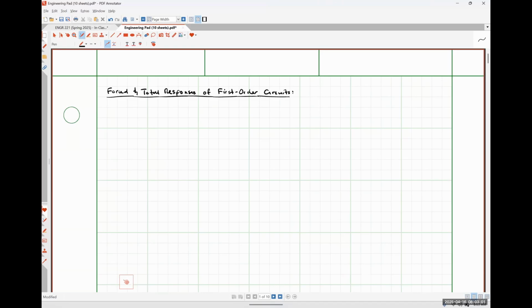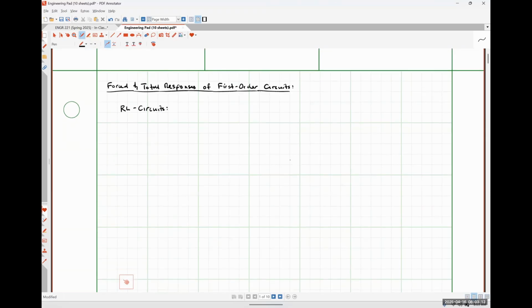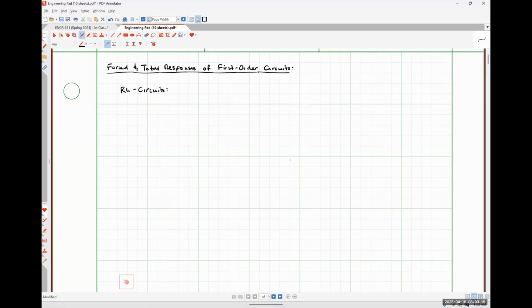Okay. So essentially, in our class meeting on Monday, we looked at RL circuits in general. So something akin to this.